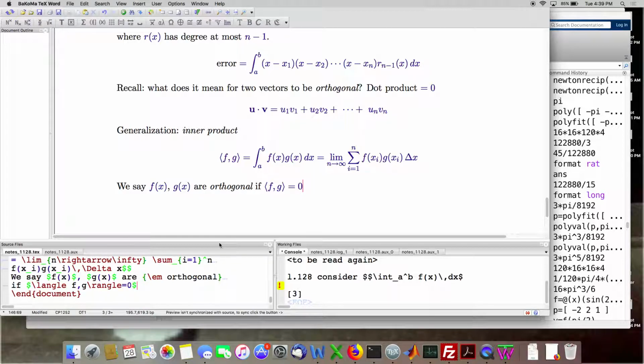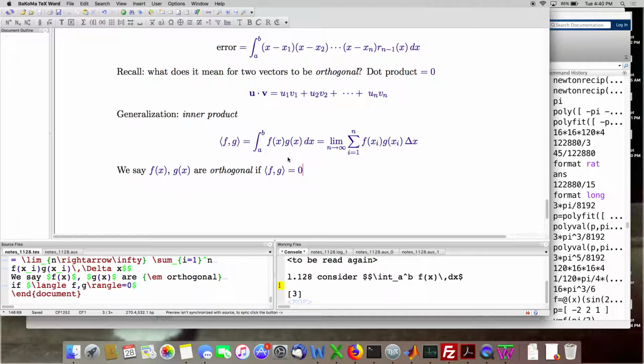It's just that the way we are taking this kind of product is modified to be appropriate for the situation. Now, it has to be specified what the interval AB is, because if I change the interval, that changes the inner product. So two functions that are orthogonal on one interval AB are likely not going to be orthogonal on another. Okay.